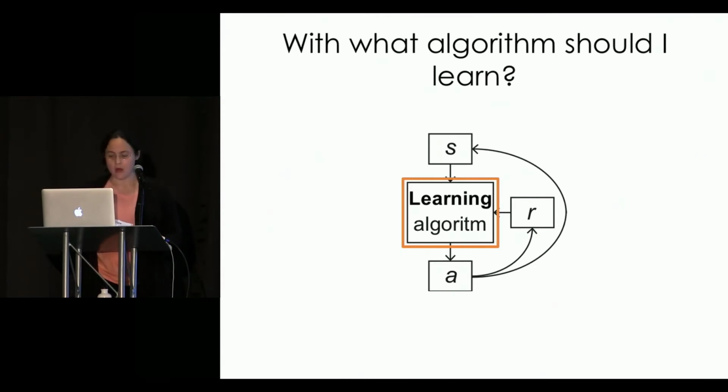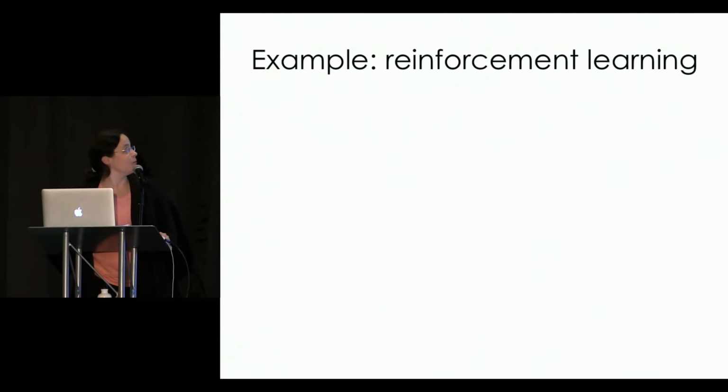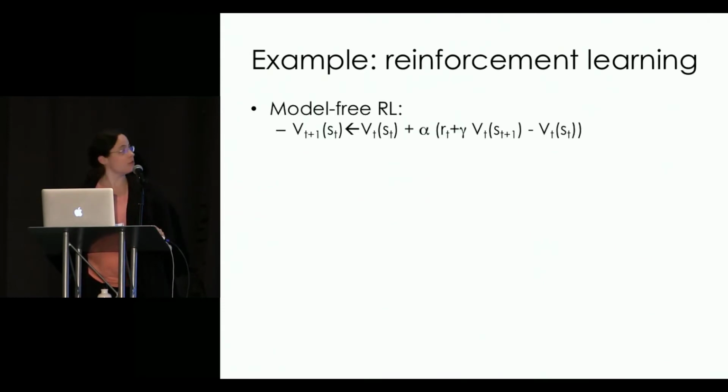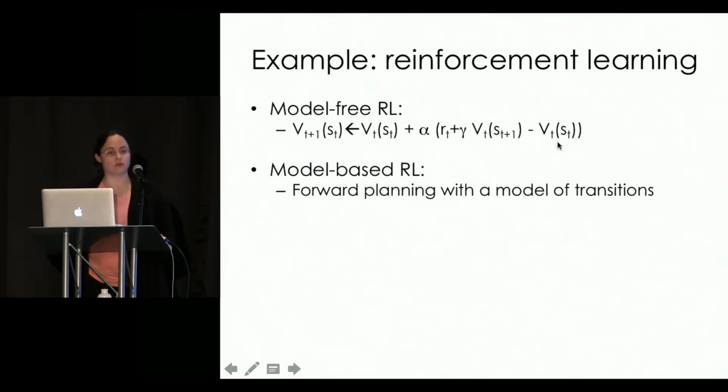So for example, this learning algorithm could be a very simple reinforcement learning algorithm, the model-free version of which is simply updating estimated values of a state with a temporal difference reward prediction error here. But in some environments, it might make more sense to use model-based reinforcement learning, where you do forward planning by modeling the transitions a few steps ahead and figuring out on the spot what the best choice is.